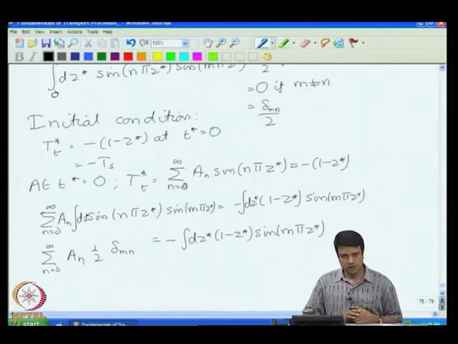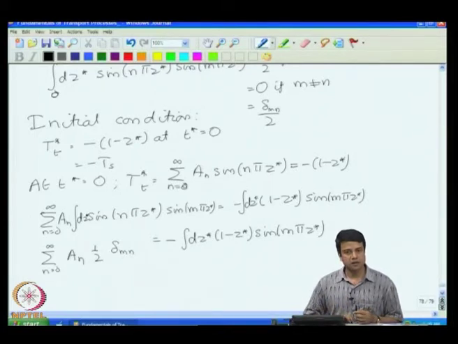Now, on the left hand side I have the summation of delta m n times a n from n equal to 0 to infinity. So, I have a n going from 1, 2, 3, 4, 5, 6 all the way to infinity, but delta m n is non-zero only when n is equal to m. So, if for example m is equal to 23, delta m n is non-zero only when n is equal to 23. Therefore, on the left hand side I will get only a 23.